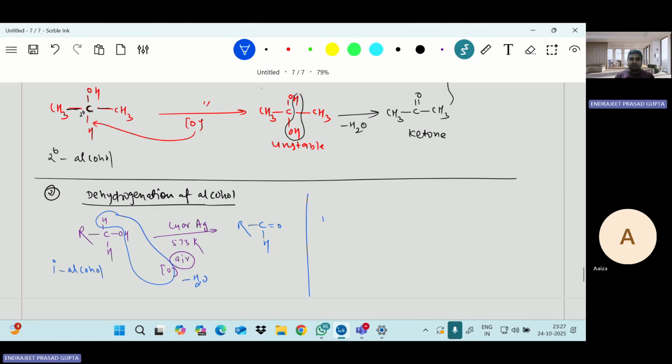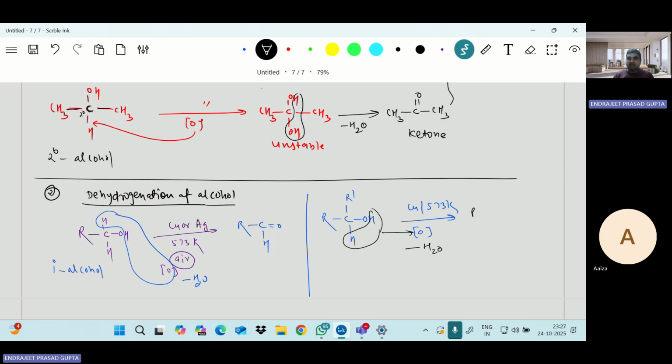If you take a secondary alcohol like R CH(OH) R', and take copper at 573 Kelvin in the presence of air, these two hydrogen atoms will be eliminated with water, minus H2O.